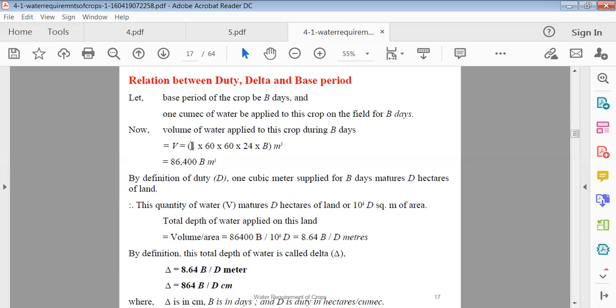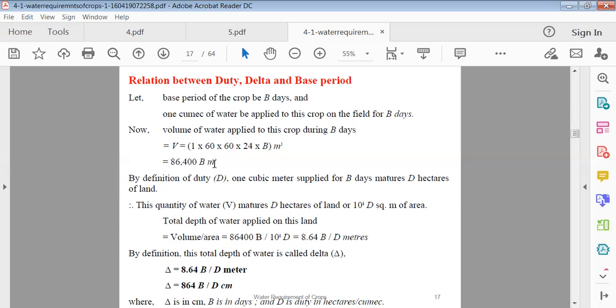So it is 1 meter cube into 24 into 60 into 60 into base period B. So now the volume is 86,400 B meter cube.